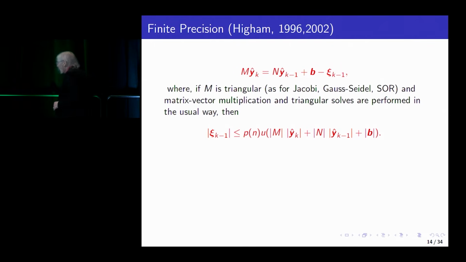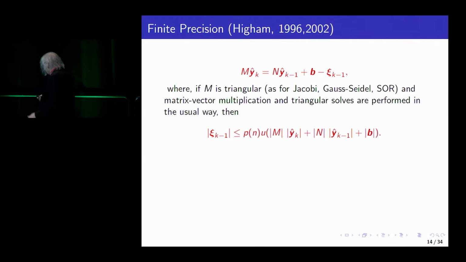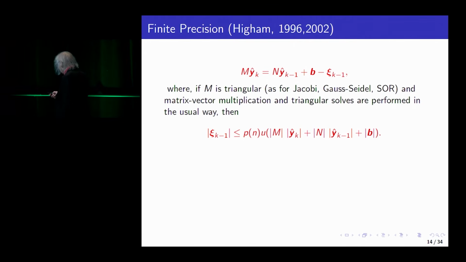All right, so what does happen in finite precision arithmetic? Well, you've got the same equation for y_k hat, except that you've got a rounding error. In Higham's book, he says the rounding error is going to be a moderate-sized polynomial in n times the machine precision times the elements of M, N, and b.